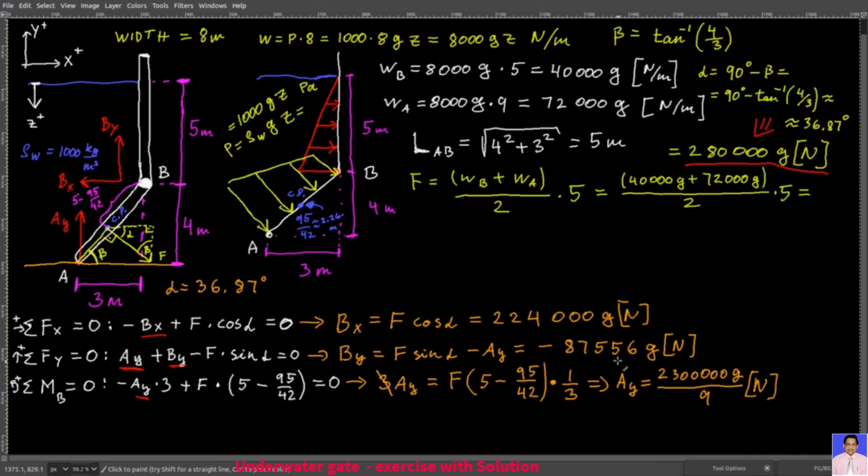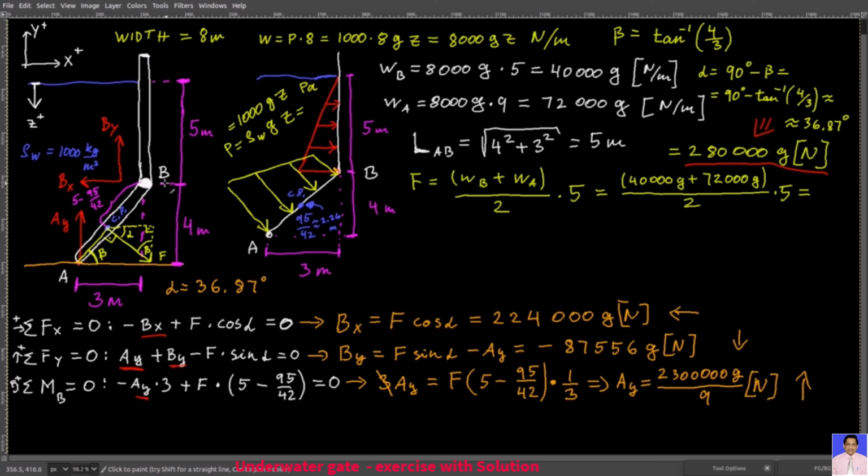It's negative, which means that your assumption about the direction of your By force was wrong. You assumed that By pointed up. However, it points down instead. And there you go. You have Ay that points up, you have Bx that points to the left, and you have By that actually points down, even though you initially assumed that it pointed up.